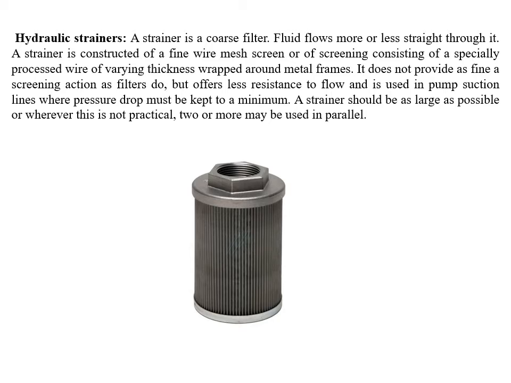It does not provide a fine screening action as filters do, but it provides a lesser path of resistance to the hydraulic fluid and is mostly used in the suction line. A strainer should be sized as large as possible, and one or more strainers can be used in parallel in the hydraulic system.